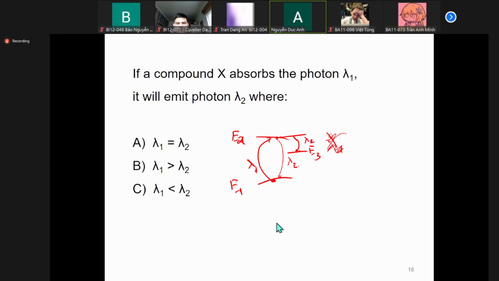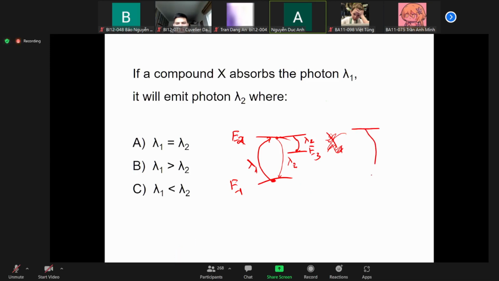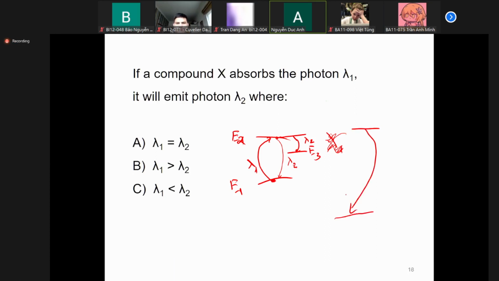It means that from E2 it cannot move to a farther state, like E0, for example. So lambda 2 should contain energy equal to or lower than the energy difference between E2 and E1.